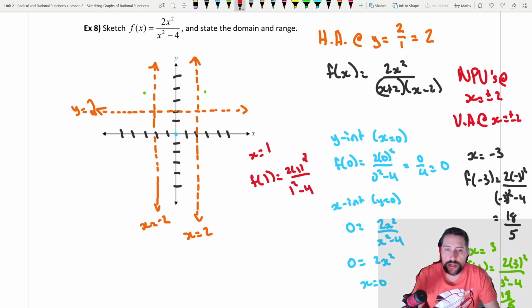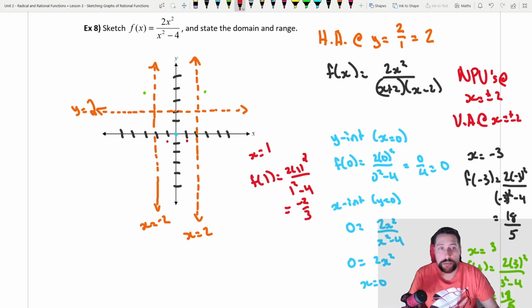So it's basically 2 over negative 3. 1 squared is 1, 2 times 1 is 2, divided by 1 squared is 1, minus 4 is negative 3. So this is negative 2/3. So it's going to be 1 and negative 2/3, and it's going to be the same on this side, because it'll make a parabola. So we have all the necessary information we need.